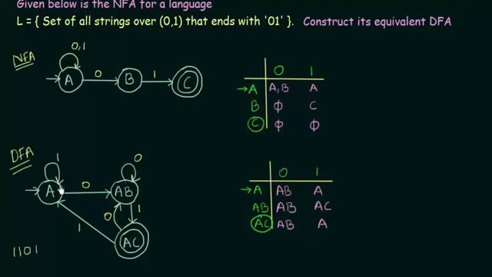It comes to the final state, so it is accepted. Let's check another string, 1, 1, 1, 0. It is in AB, so it is not accepted. When it ends with 01, it is accepted. When it ends with something other than 01, it is not accepted.